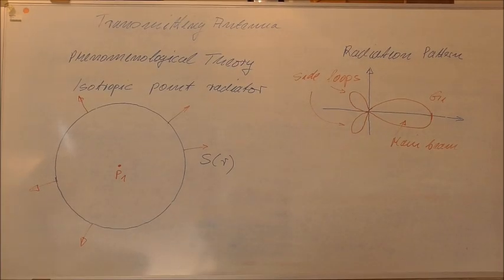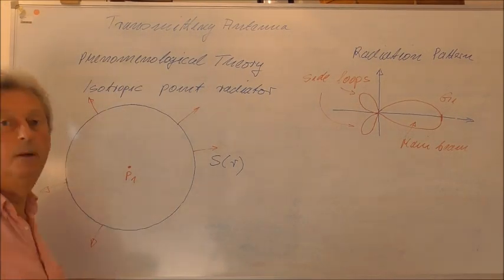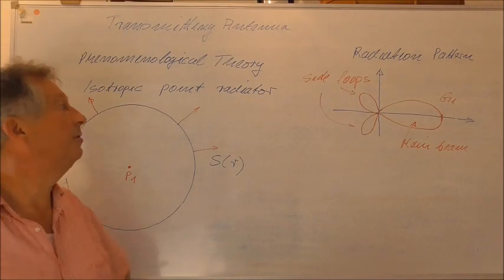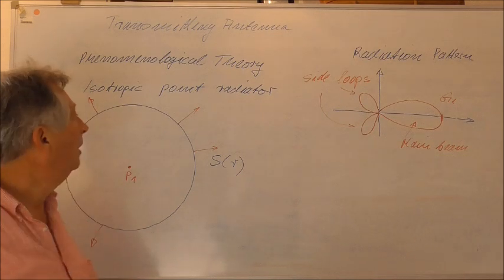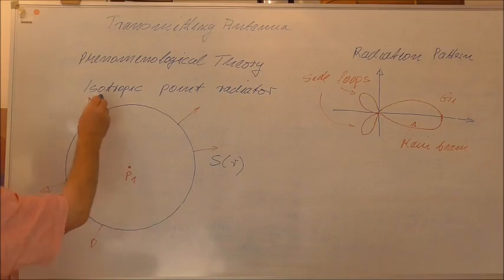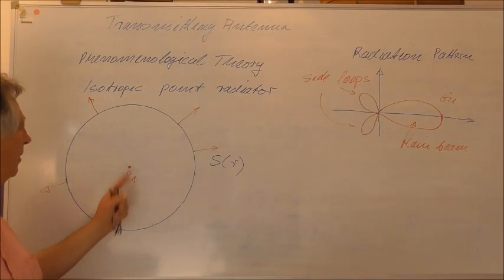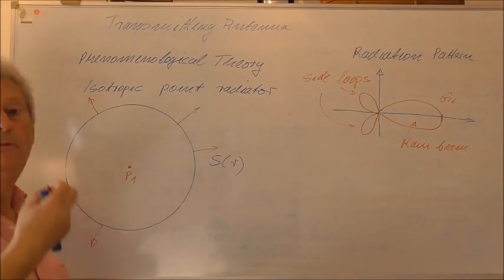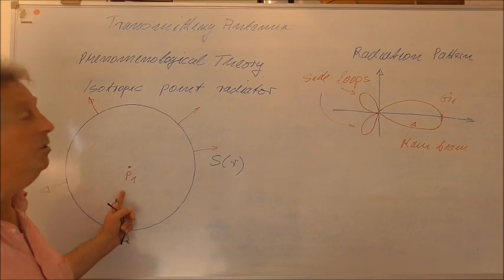I now want to describe the transmitting antenna, but without reference to Maxwell's equations; we will set up a phenomenological theory. What does this mean? We assume that we have a so-called isotropic point radiator. This means we have a point in space, and out of this point in space will be emitted a certain power P1.